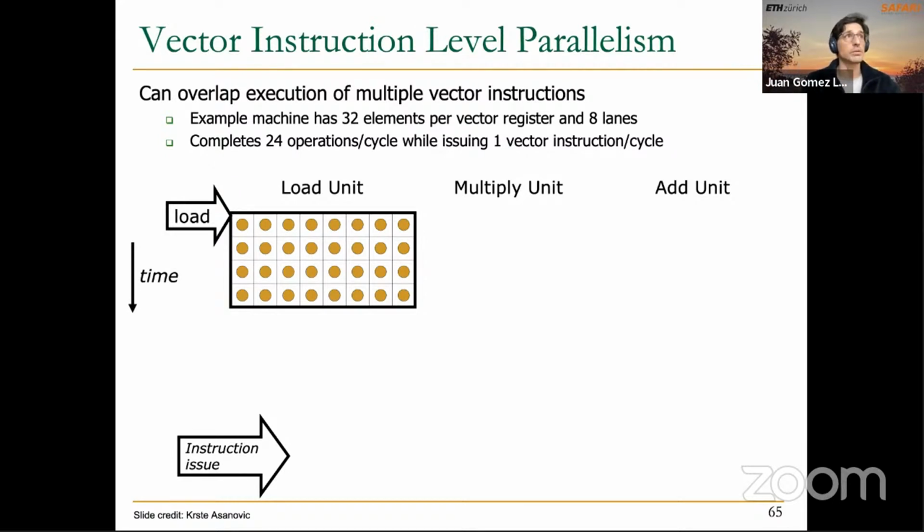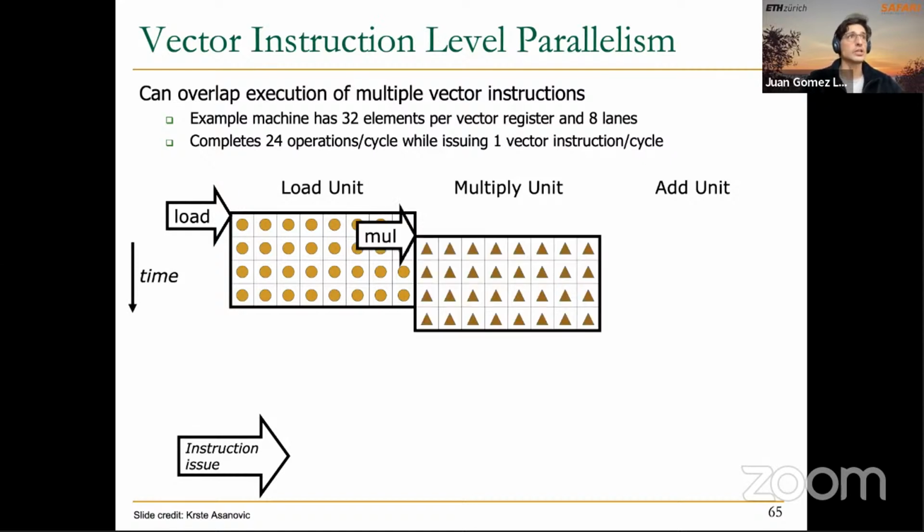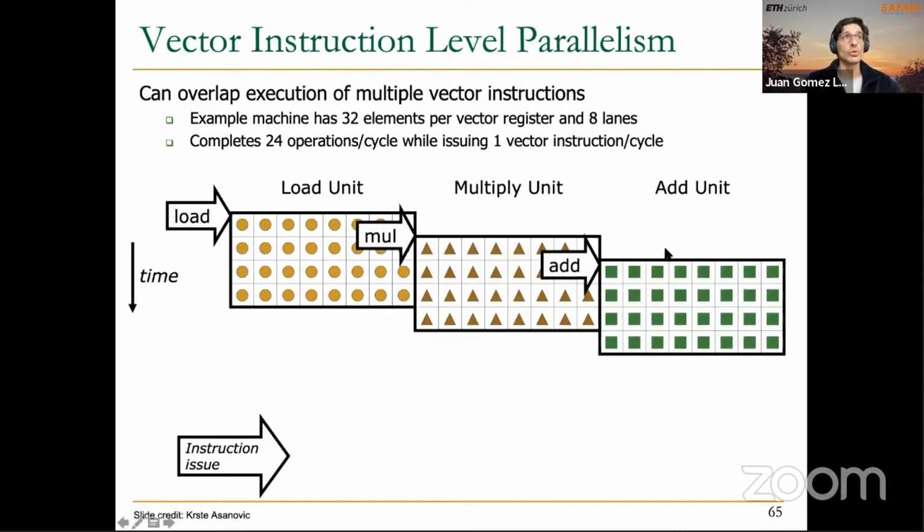In this particular example, you have a program that executes load, multiply, and add instructions. Every single cycle, we issue a new instruction, as you see. But it turns out that the vector length that the programmer defines in this example is 32, and we only have 8 lanes, meaning that we only have 8 processing elements, so we need 4 cycles to start the execution of the 32 elements of the vector.